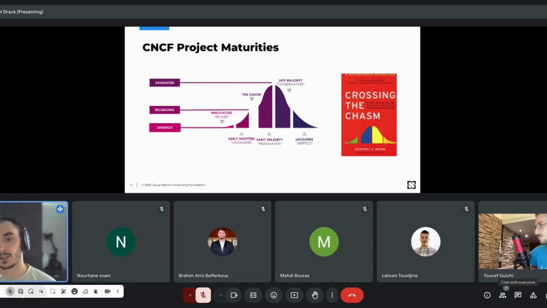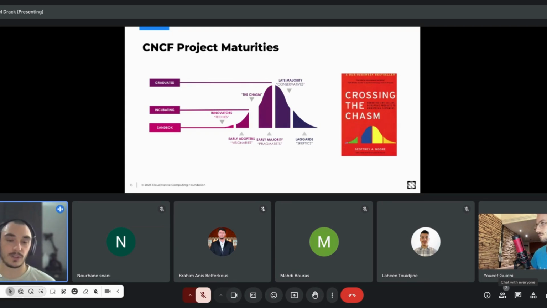And the CNCF is actually helping and supporting projects to be successful and to cross the chasm from early stage development adopters to being used by the majority of users and companies. That's what they do. And that's also one of the biggest criteria when a project governed by the CNCF wants to ascend in the maturity ranks.